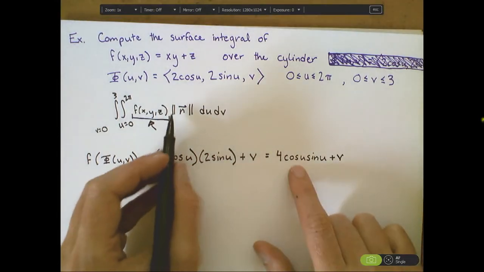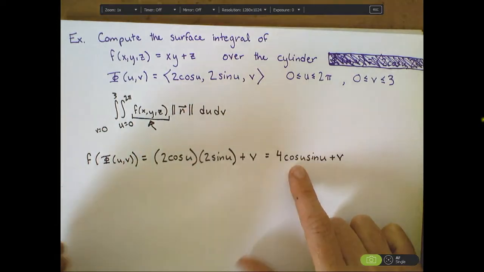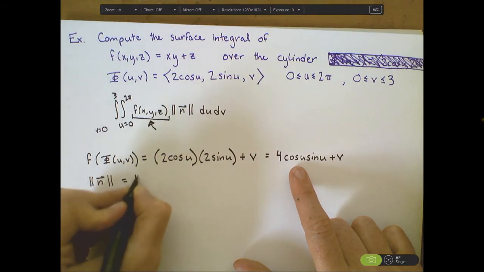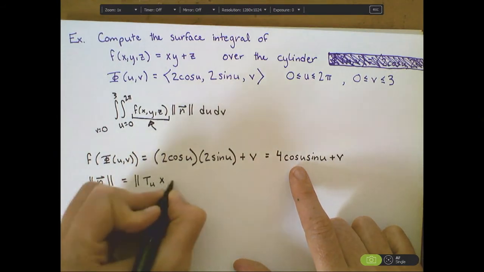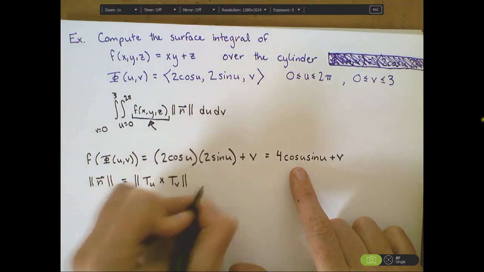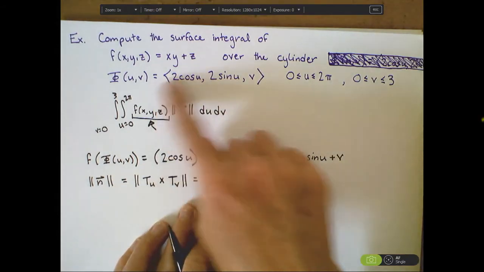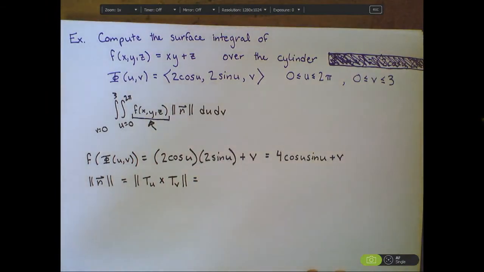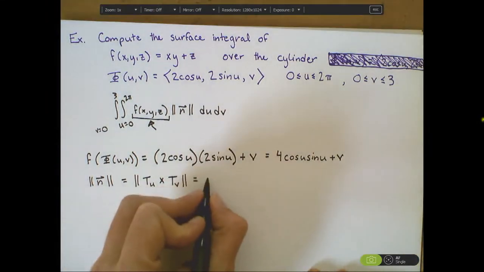The second step is to compute our normal vector. Normally, in order to compute the magnitude of our normal vector, we would first have to find each of our tangent vectors, take their cross product, and then find the magnitude of that. Thankfully, this is the same function that we did before, and we found last time that the normal vector had a magnitude of 2.